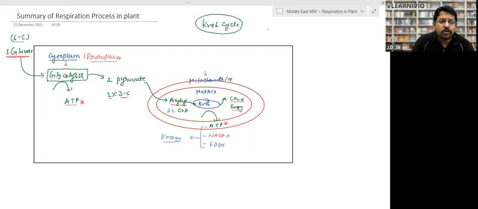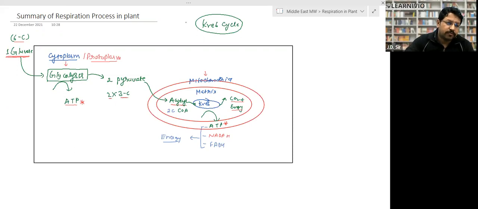Now, this glucose cannot enter inside the cell membrane, the plasma membrane. So this glucose goes inside our cells, right? But glucose does not directly enter into where? Into the mitochondria. This red colored structure is the mitochondria, right?